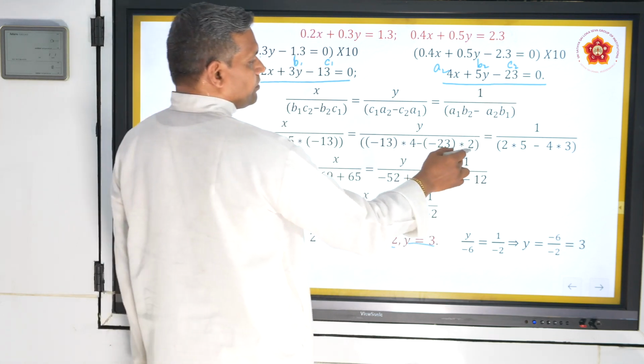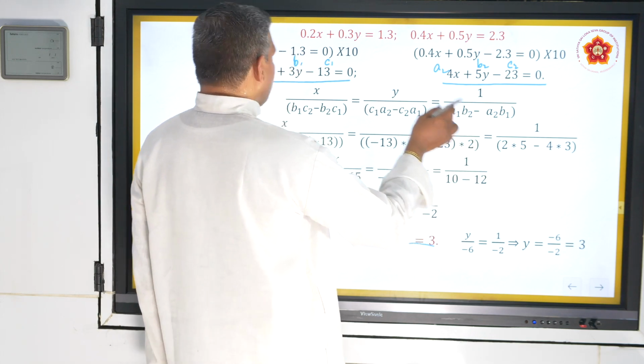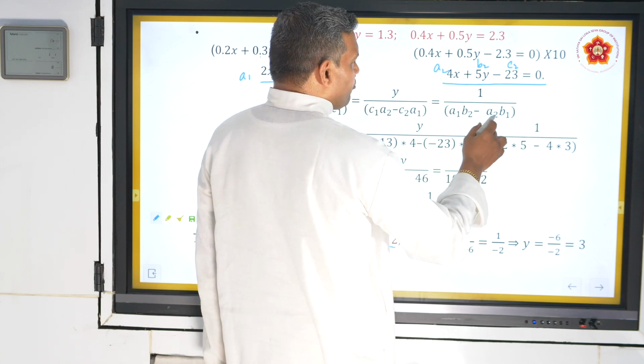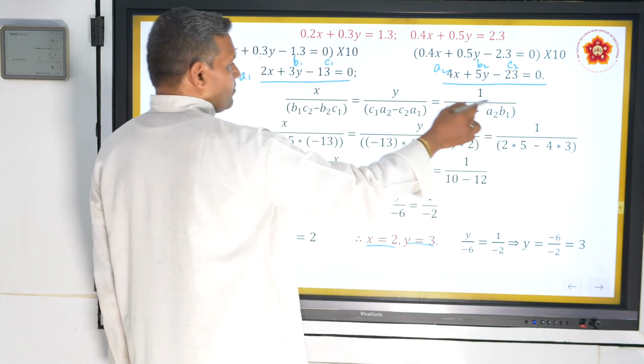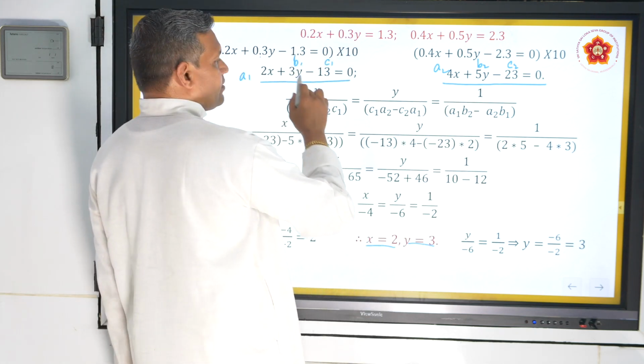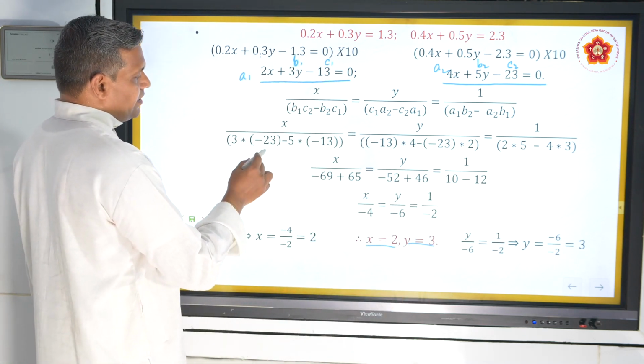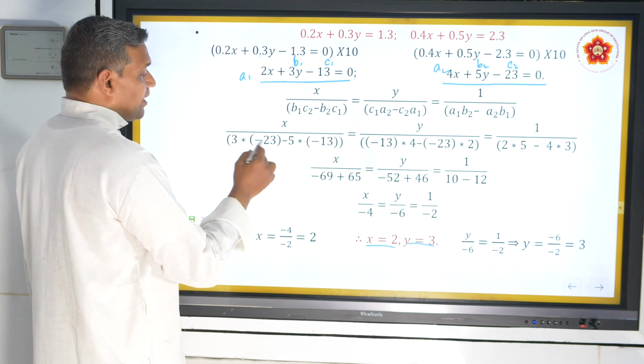A1 is 2, equals A1 B2: A1 2 into B2 5. A2 B1: A2 4 into B1 3. Now simple multiplication: 23 3s are 69, plus into minus is minus.